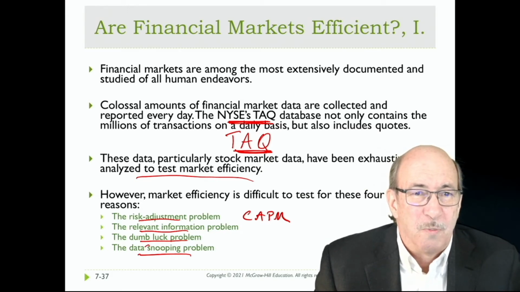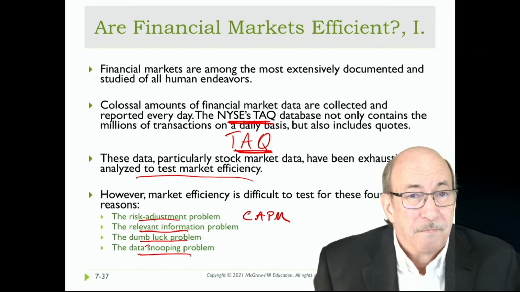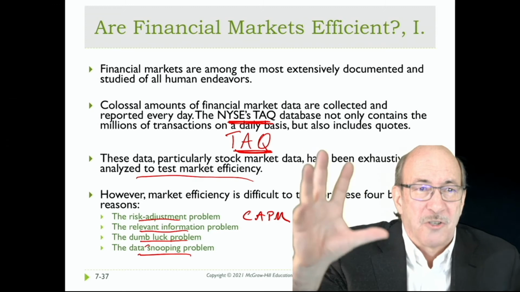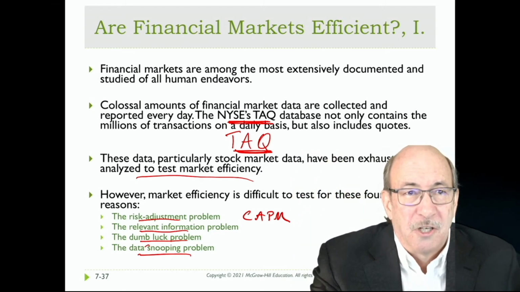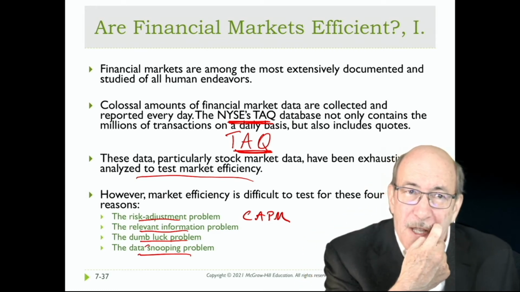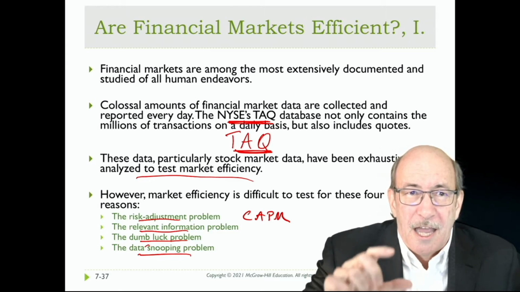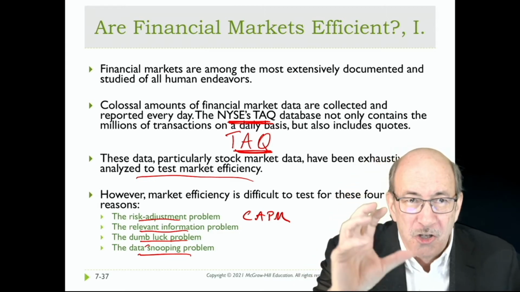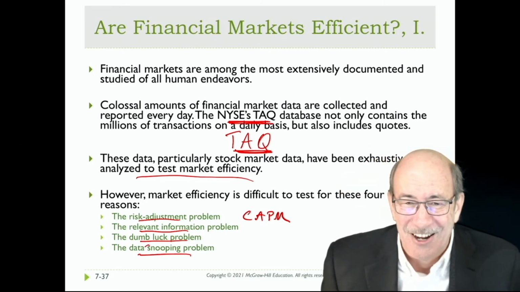So data snooping is looking at the same data until we find a pattern. Last week I showed you that picture of the clouds, right? Human beings are good at pattern recognition. We find patterns even when there aren't patterns. And the idea of data snooping is you keep looking at that same cloud until you see something in it, and then you go, aha, there it is.